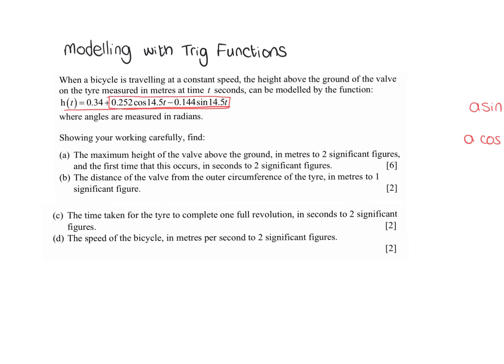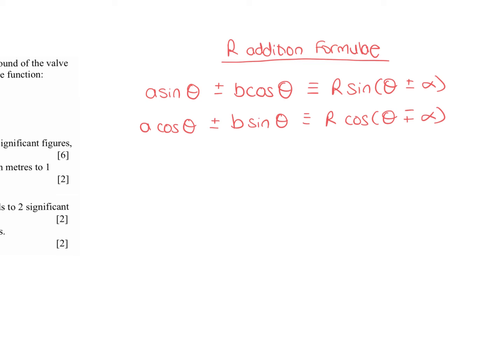If I look at that, it's something cos 14.5t minus something sine. So it's cos minus sine. If you think about what that was in these formulae, cos minus sine is going to give me this bottom one, isn't it? So it's going to be R cos of the angle plus alpha.